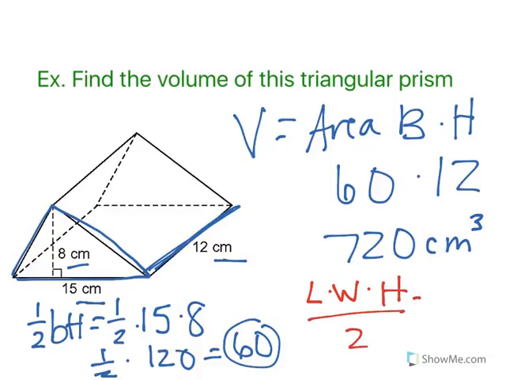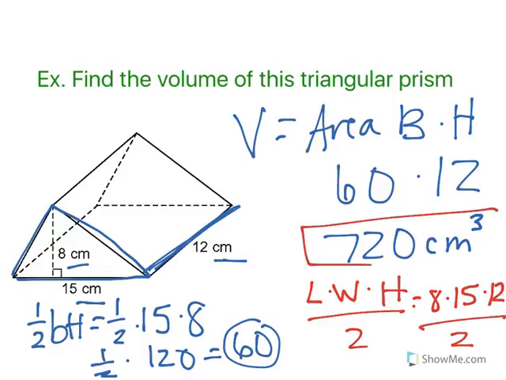So what you could do is 8 times 15 times 12, and then divide it by 2, and then you're also going to get 720. So either way, however you want to do it, if you want to find the area of the base and then times the height, you can do that. Or you can take the length times the width times the height and then divide it by 2. Either way, you'll get the volume of 720 centimeters cubed.